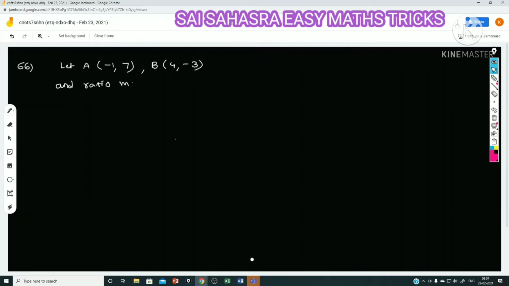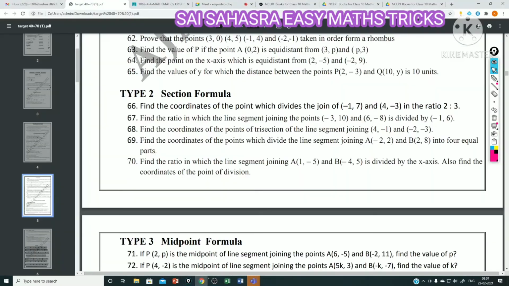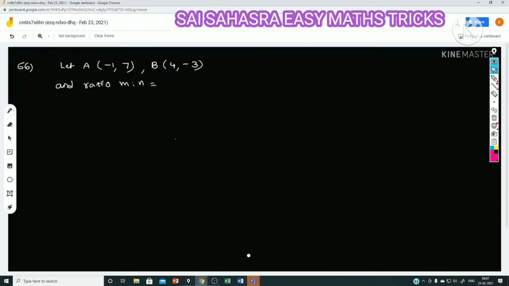M is to N is equal to, what is the ratio? 2 is to 3. So they are asking us to find out P is equal to question mark. Yes or no? So this is the information you can observe here.